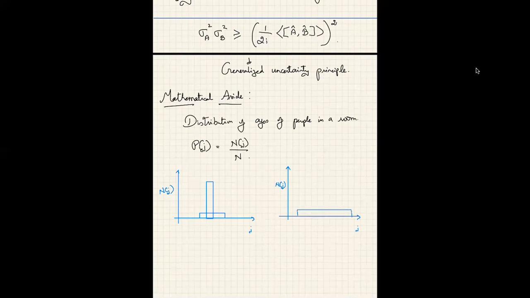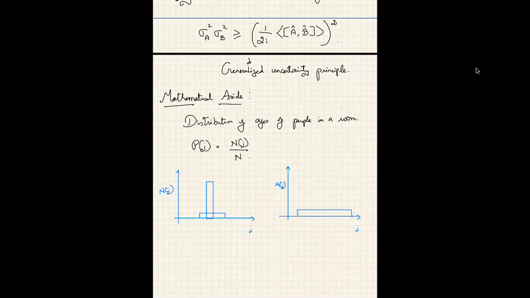Okay? It doesn't matter what these actual numbers are. Basically, what we are trying to say is that in the first room, there is a sharp peak in the number of people with a particular age. And in the second room, there is a uniform distribution. There is 10-year-olds, 20-year-olds, 30-year-olds, 50-year-olds, 60-year-olds, everything.